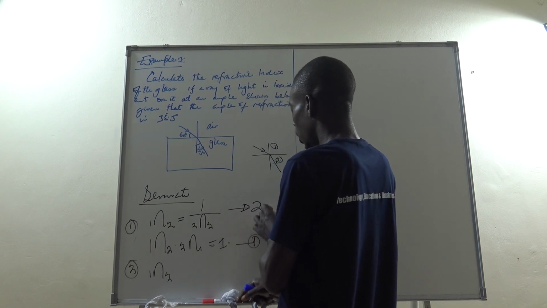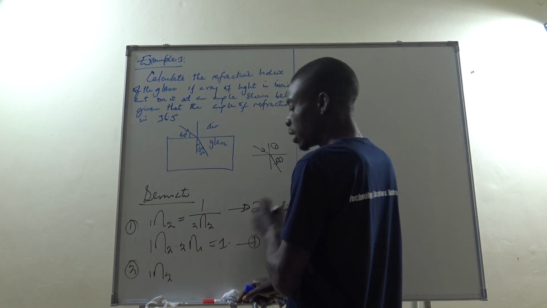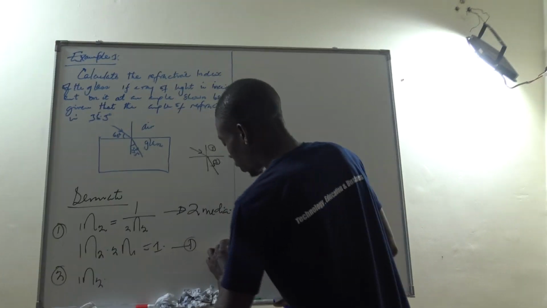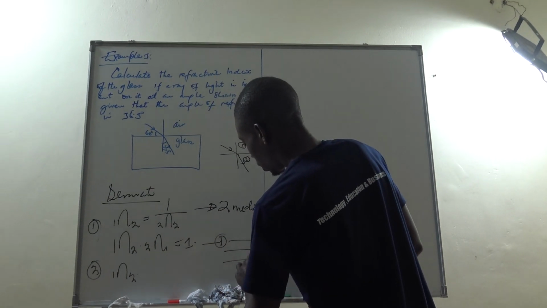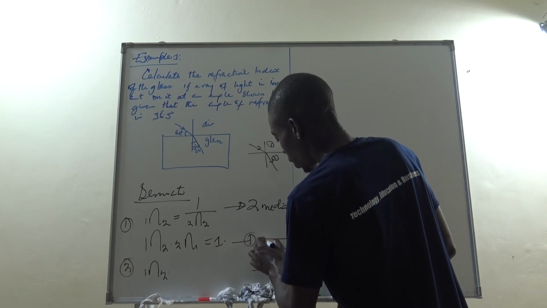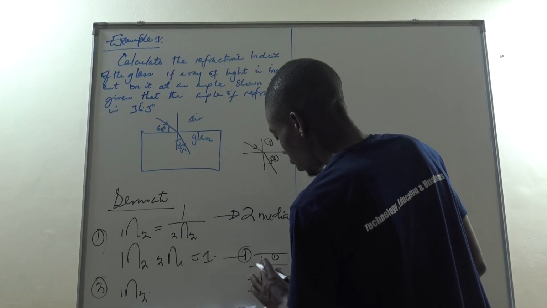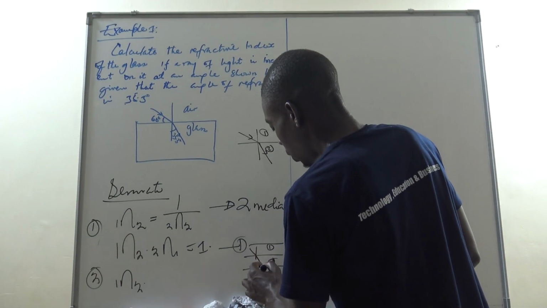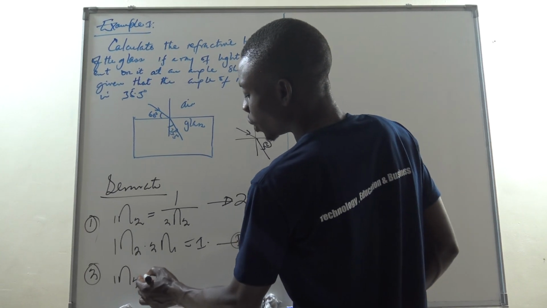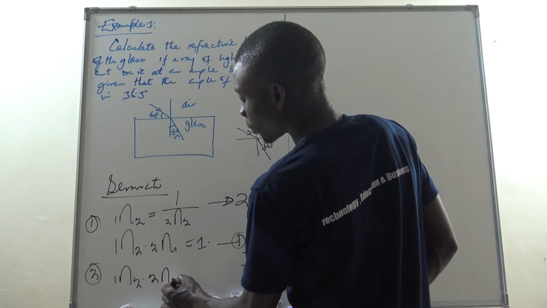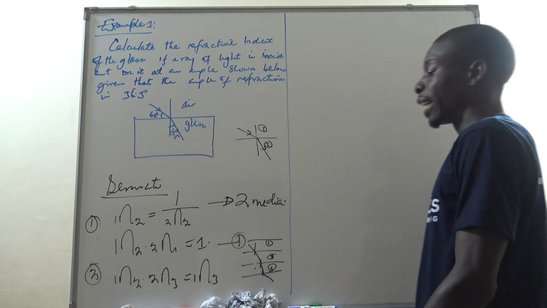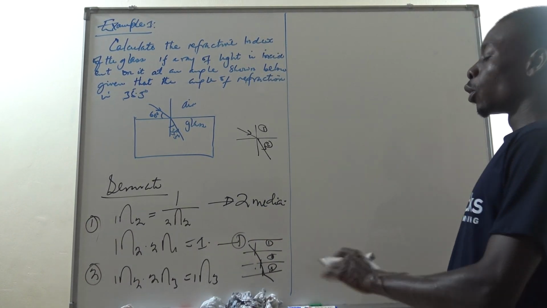Now if there are 3, 1, 2, 3, something comes here and then moves out. We say that moving from 1 to 2 times 2 to 3 is the same as from 1 up to 3 direct. Is that okay? We also looked at that.